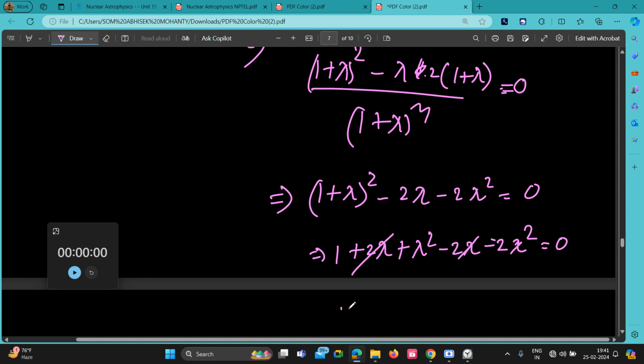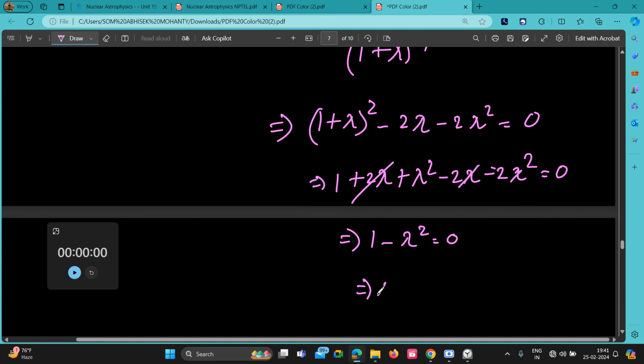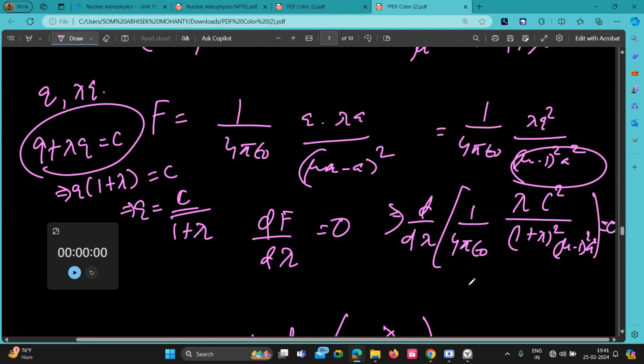Just this, and that will be 1 minus lambda square is equal to 0. So lambda square is equal to 1, so lambda is equal to plus or minus 1. Okay, that will be the answer. But minus is not there, so the answer will be 1.